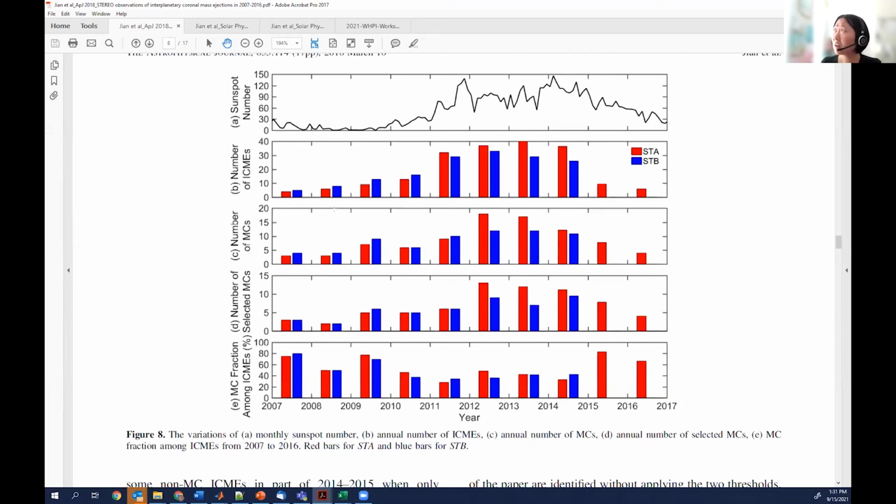It depends on the relative location of the spacecraft to the heliospheric current sheet, in this case for SIR. Because such structure is co-rotating, I mean, it's recurring, right? So if one spacecraft misses one, it's likely it will miss the following few of those. Yeah. Okay. All right.